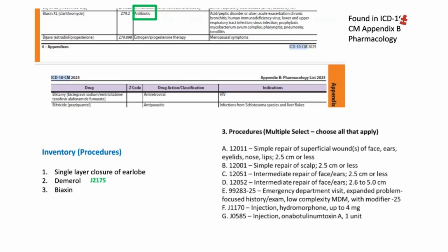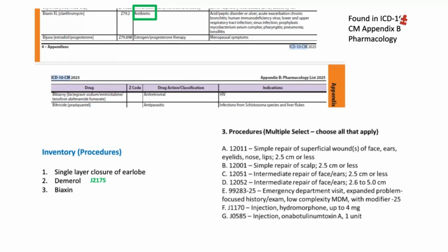But what I do have is my ICD-10-CM Appendix B. I have the Optum ICD-10-CM Appendix B, and it's pharmacology. Okay, coders, if you have your ICD-10-CM in your possession and you have the Optum, go ahead and turn to Appendix B. If you have a different one, I want you to locate your pharmacology section in your ICD-10-CM manual.